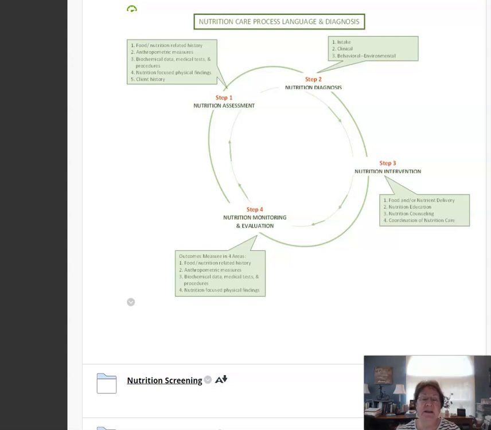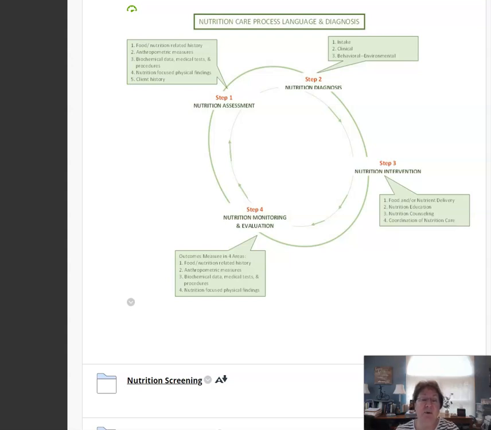The NCP is a systematic process designed to improve consistency and quality of care, to improve predictability of health outcomes, to provide a standardized process for giving care, which is different from standardized care, meaning that every patient undergoing the nutrition care process is different and requires individualized care. So again, it's a standardized process for giving care.